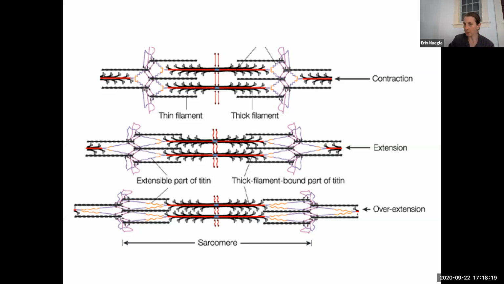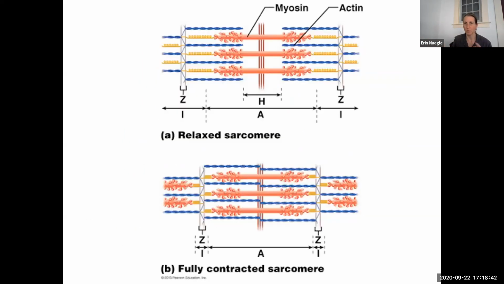So all this stuff through here, that's your titin or your elastin, your elastic fiber. Are you convinced? Let's go back. Remember, this is where we're drawing it, you're sure that the titin is between the Z line and your myosin. Yeah? Okay.